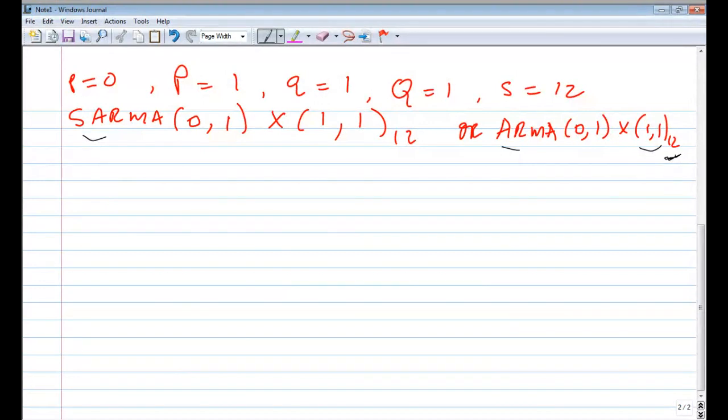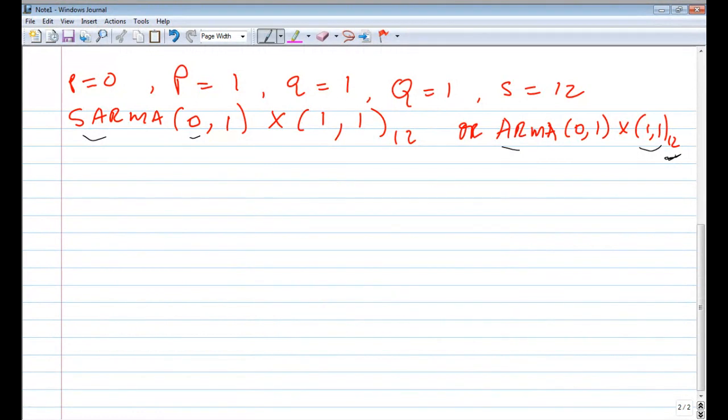So now we just want to write this one in backshift operator like we did before. Remember, this 0 here just tells us that we don't have an autoregressive process in the non-seasonal part. It's not there.